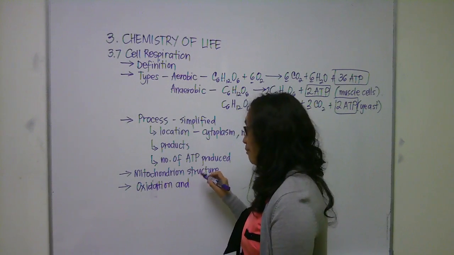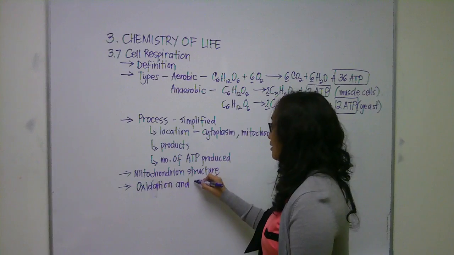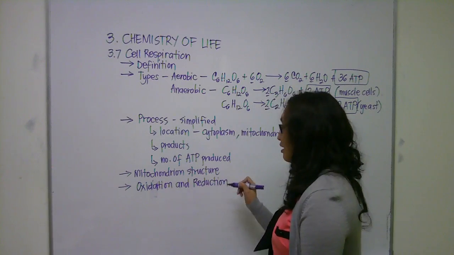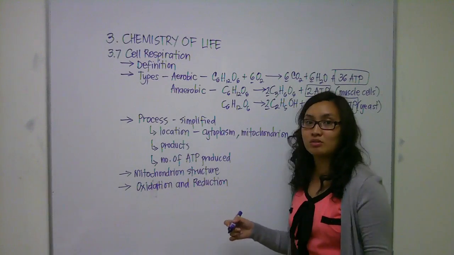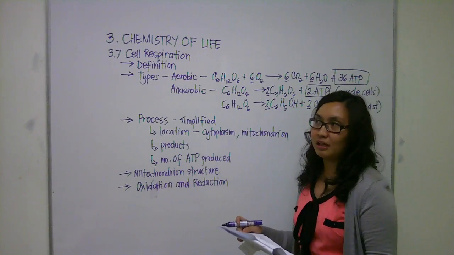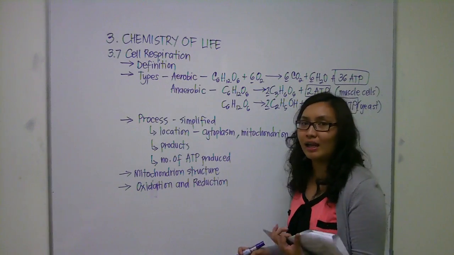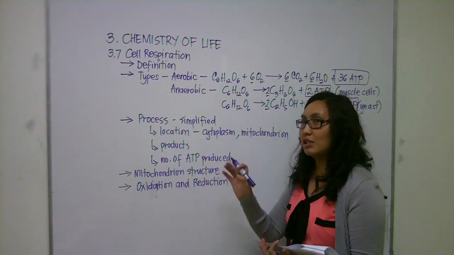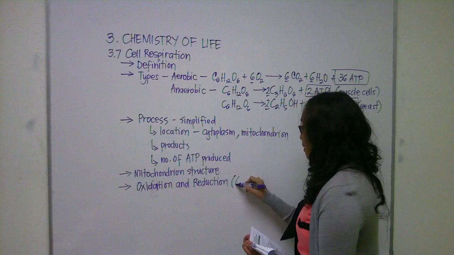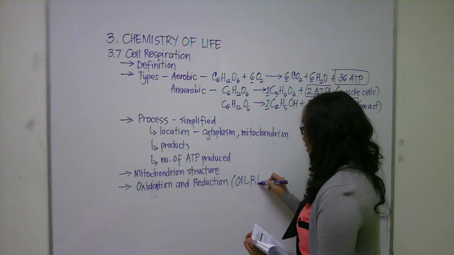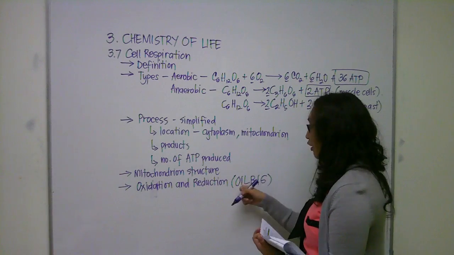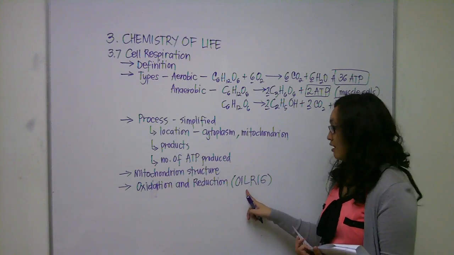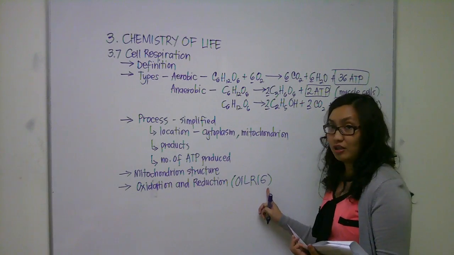The good news is that it's different from the oxidation and reduction in chemistry, where they need to know what the reducing agents or oxidizing agents are. Here, they don't need to learn that. They just need to memorize this acronym. OIL RIG: oxidation is losing electrons, reduction is gaining electrons.